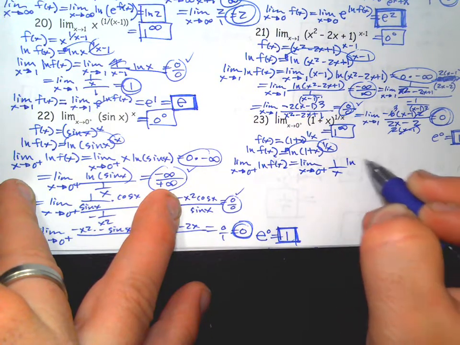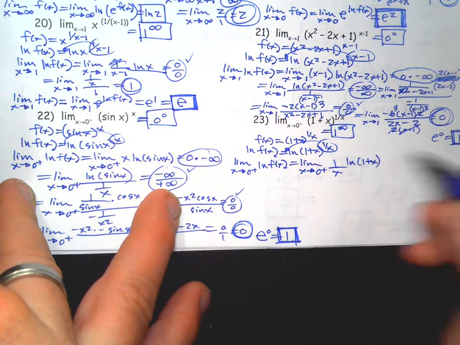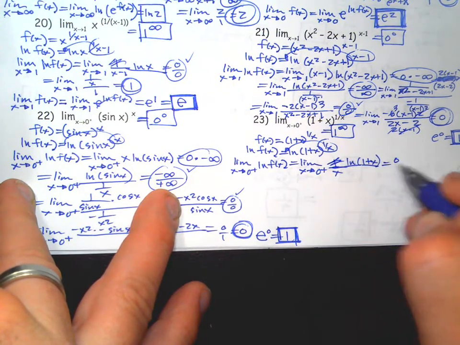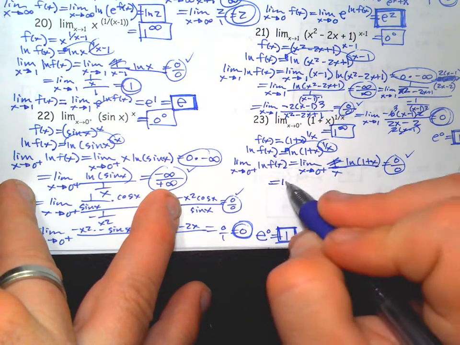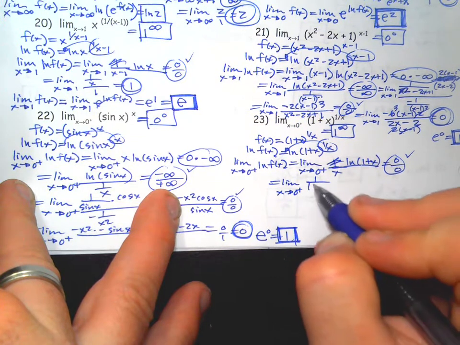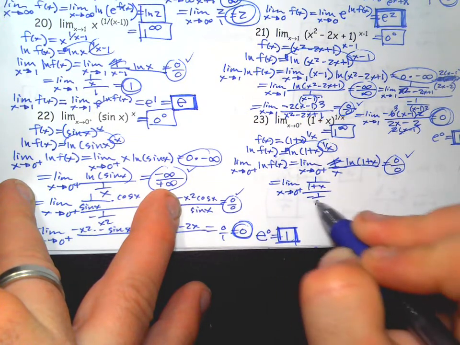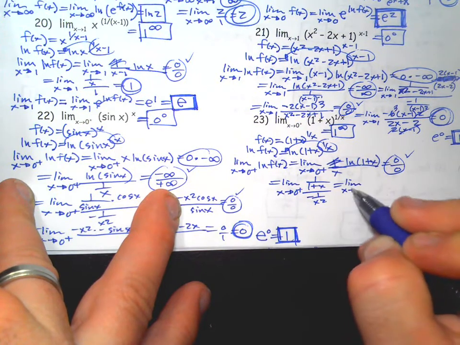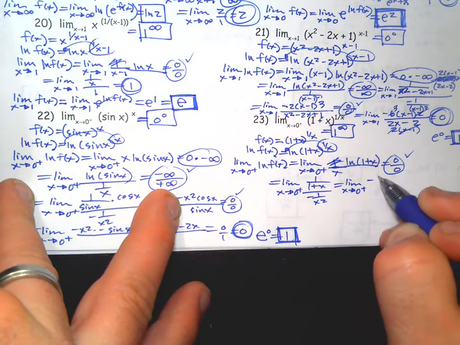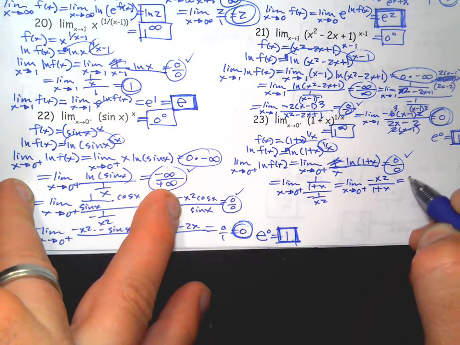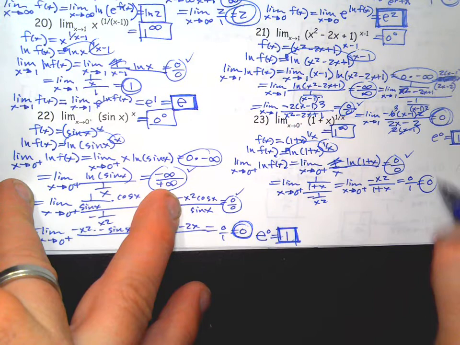Do we want to just go ahead and think of this as a fraction right now? Because that's going to go to 0. Yeah, let's just make that a big fraction. So that's going to be 0 over 0. So we do L'Hopital's rule. We could clean it up. Get rid of the complex fraction. And we get 0 over 1 is 0.